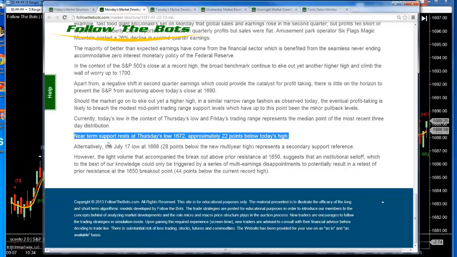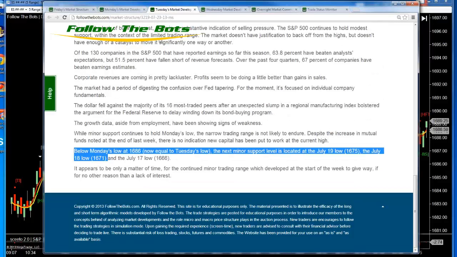So here's our mention on Monday about the support level down here at or near the 72s. And as you see here, the market at this point in time, 22 points below that current high, equals the distance of a daily range. We reiterated this again in our commentary on Tuesday.